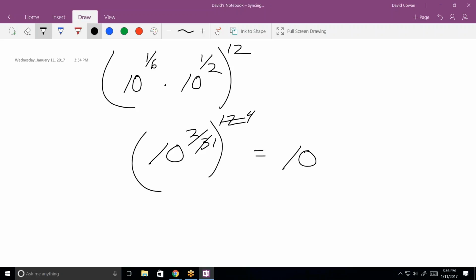You're always going to get the same answer. The advantage of doing it my way is you deal with smaller numbers. Notice that the biggest number I dealt with was 12. The biggest number you dealt with was 24. So if you have a choice in math, always deal with smaller numbers. And what that usually means is reduce first.